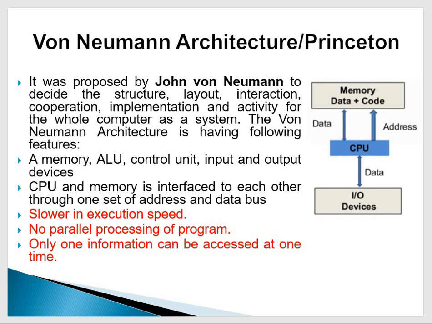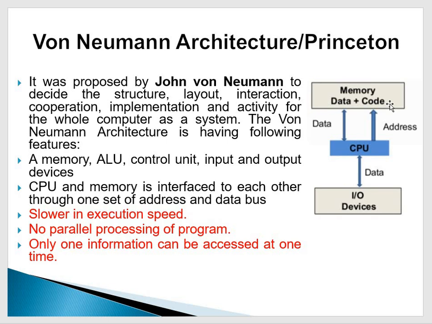As we can see from this diagram, the CPU will have to be interfaced with the memory and IO devices. In memory, two types of memories are always required. One is called code memory, also known as the program memory, where we store the opcodes of the program we want to run.